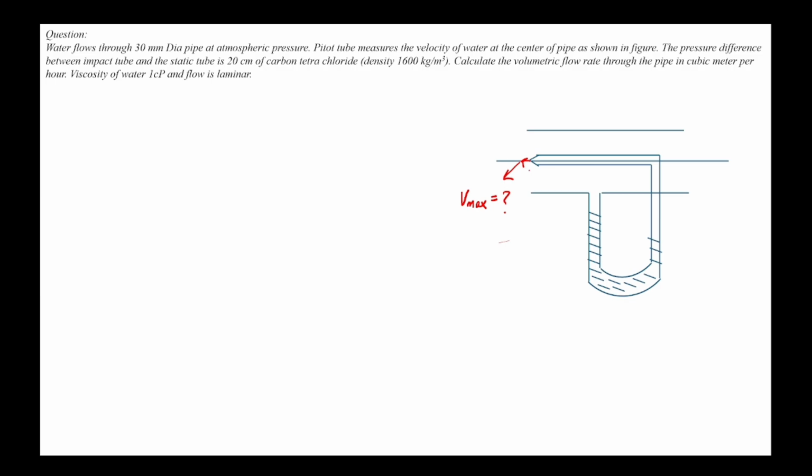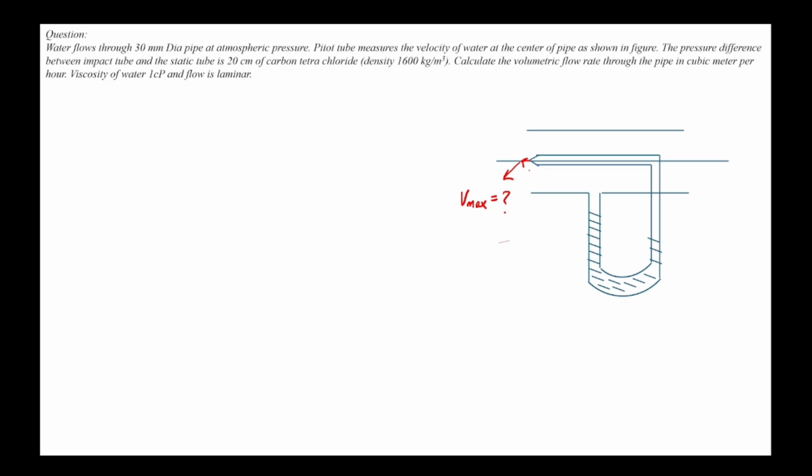The pressure difference between the impact tube and the static tube is 20 centimeter of carbon tetrachloride, density 1600 kg per meter cube. Calculate the volumetric flow rate through the pipe in cubic meter per hour. Viscosity of water 1 centipoise and flow is laminar.